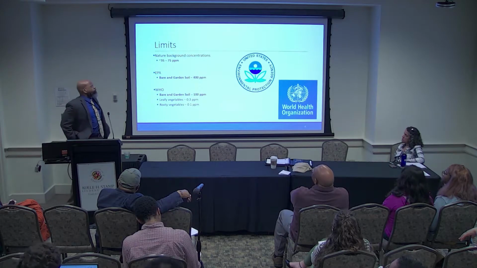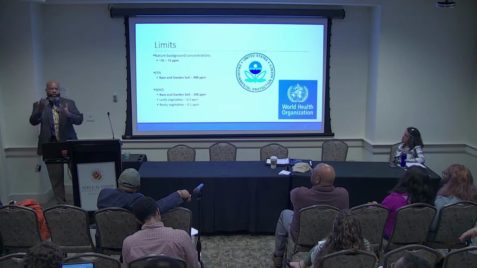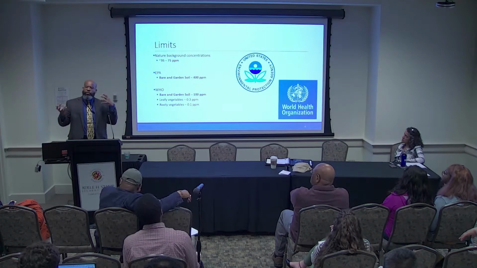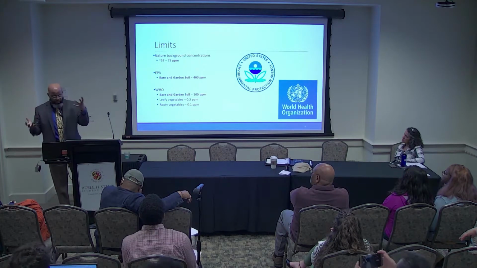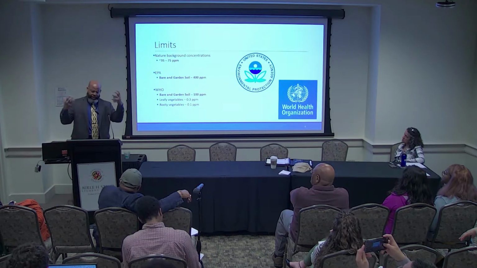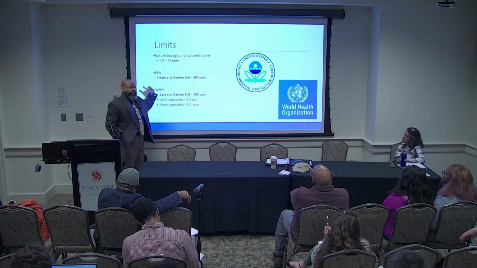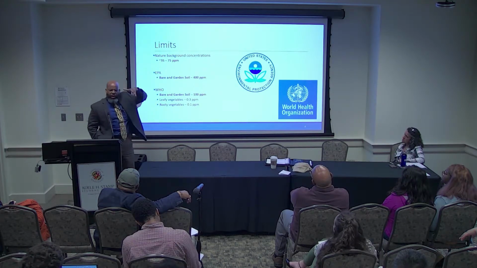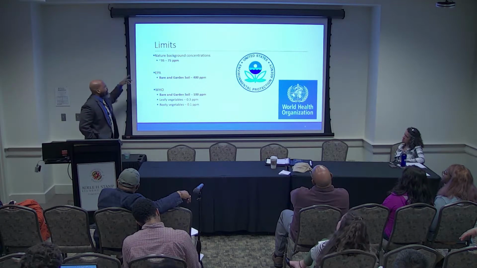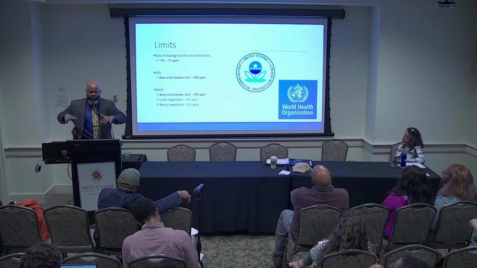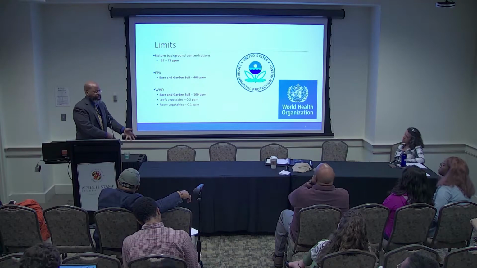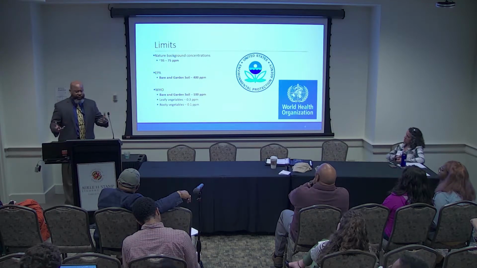All right, so what parameters are we dealing with? As a nerdy scientist, you've got to deal with some numbers, because numbers add meaning to things. Ambient background levels of lead naturally are about 35 to 75 parts per million, depending upon the geology of a given area.